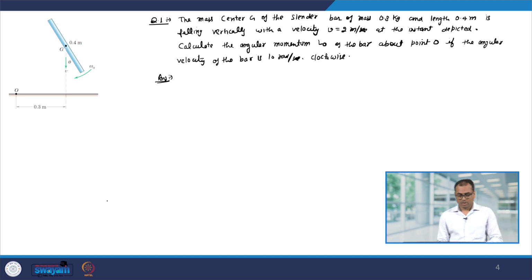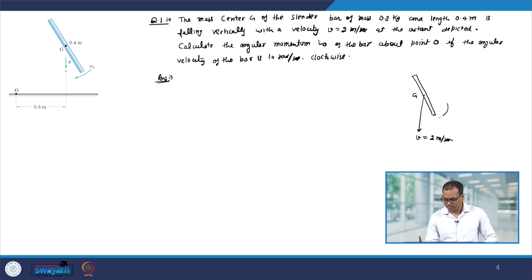Okay. So, we have this rod and it is falling with a velocity v equal to 2 meter per second, and it has an initial angular velocity omega equal to 10 radian per second.